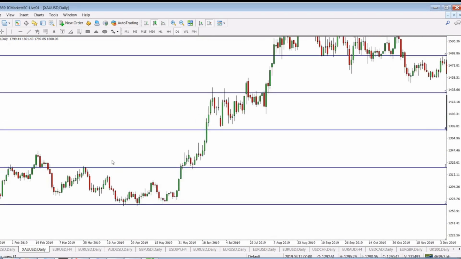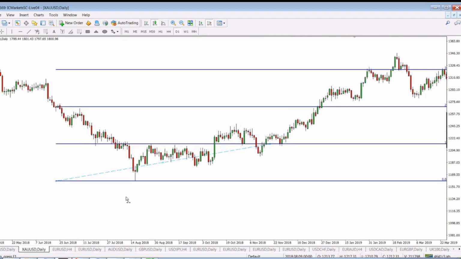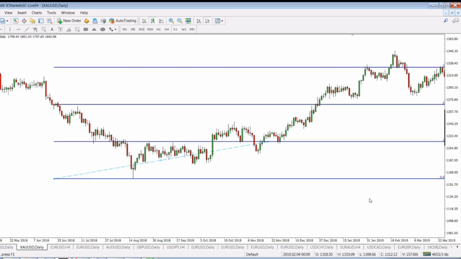linear. So I marked my first impulse of gold to US dollar, which started over here. It was on the 16th of August 2018, long time ago, nearly 2 years.